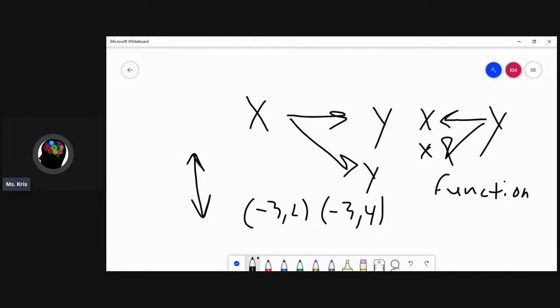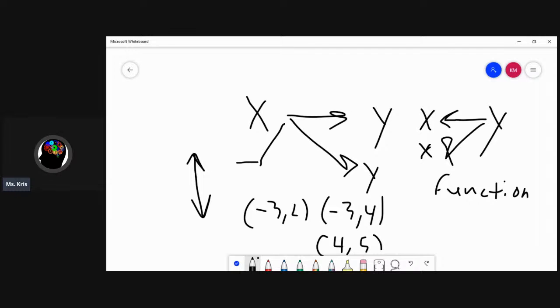Also, say for instance we had (-3, 2), (-3, 4), and (4, 5). If I plot these points right now, they will not make a function. It's going to make some type of line here, and then it'll skyrocket to something like this. That is not a line. That is not a function.